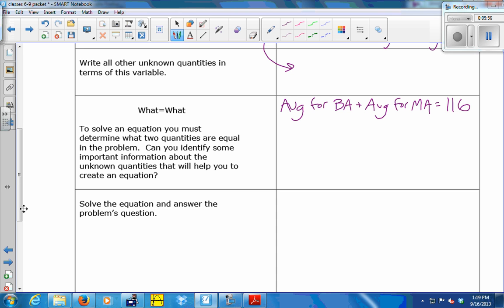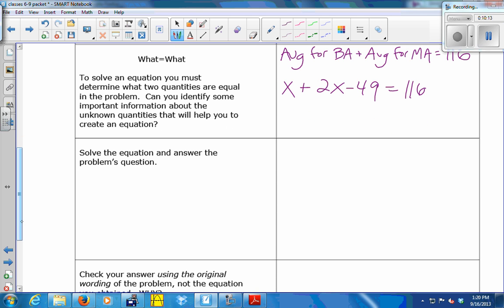Okay, so average for bachelor's, we said that was x. Average for masters, that's 2x minus 49. That needs to equal 116. And then finally, solve the equation and answer the question.